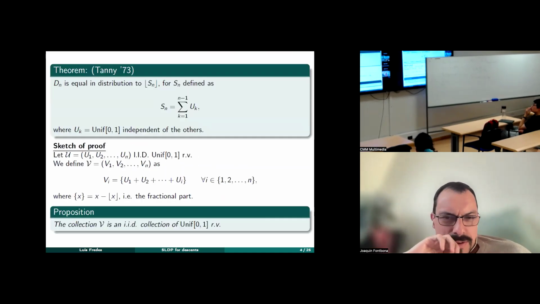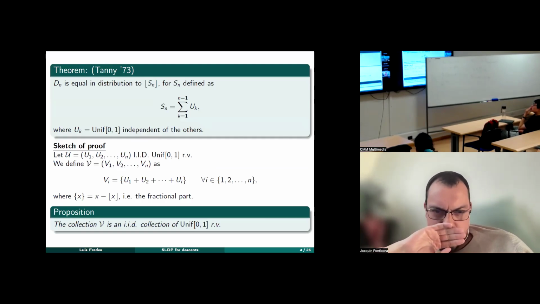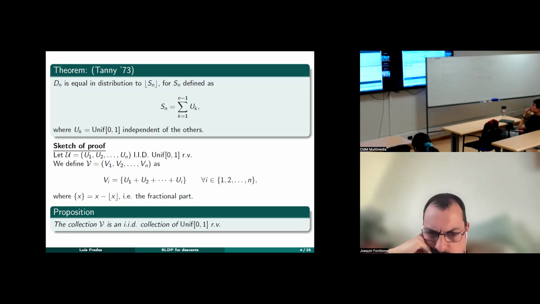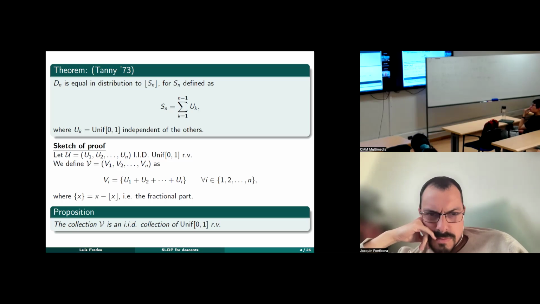So basically here in the Tannis theorem, you have in some sense a sum of random variables. And what happens if you try to apply the same techniques with a sum which has different random variables inside? If I could generalize that, the point is that we couldn't state that general theorem, but we apply it to other observables that are interesting in the random permutation literature. We also proved something with the major index, which is the mean of the position of the descents.